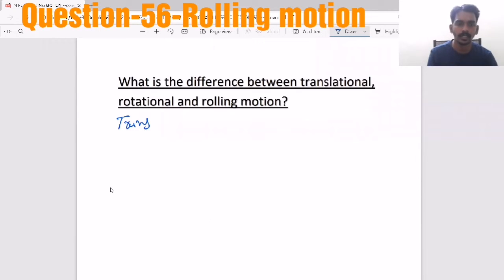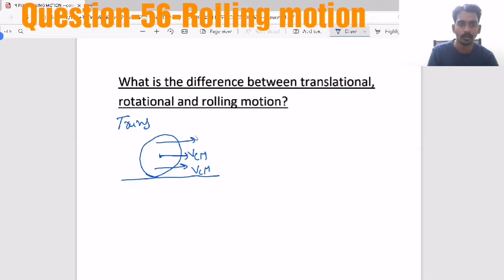Consider a body like this. This is the center of mass, and this is the velocity of the center of mass. Then each and every point on the body moves with the same velocity as that of the center of mass, and the linear momentum will become mass into velocity of center of mass, and kinetic energy will become half mv square.